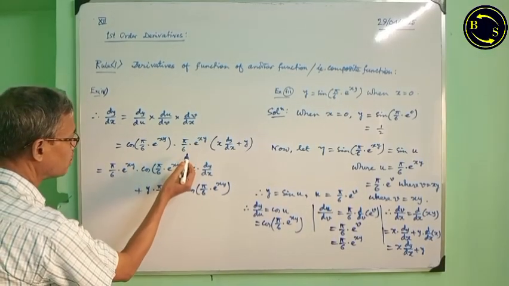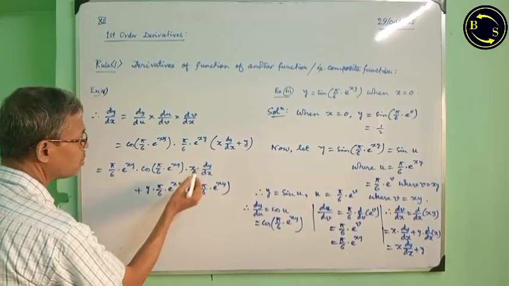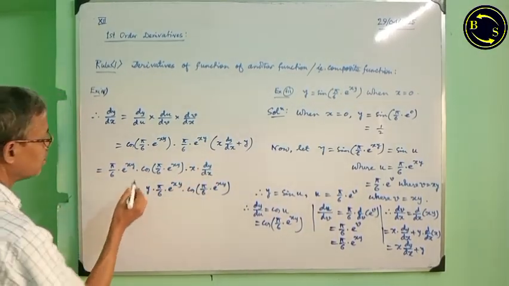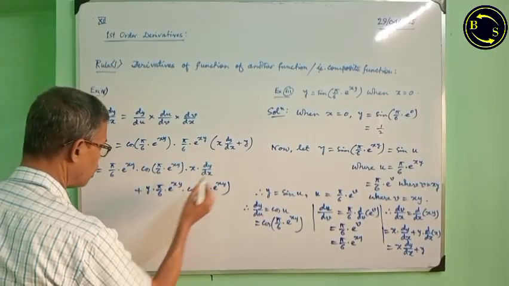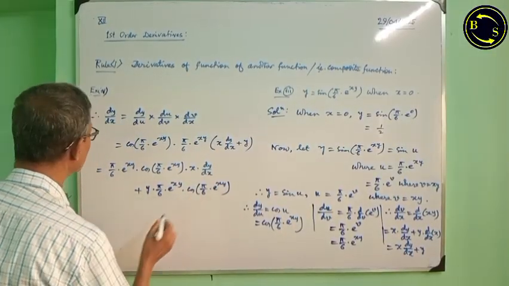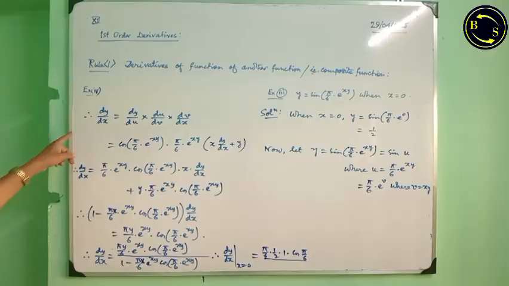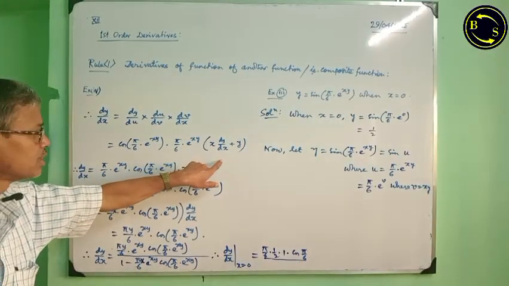Let us check this into x dy by dx, then this into y. We have got dy by dx up to this.